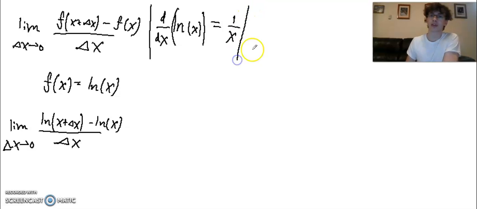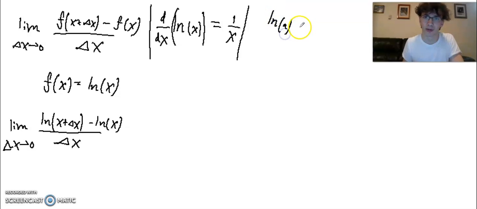And hopefully you remember your pre-calc. If not, we have some log rules, which you probably don't remember them all. They suck. One is that ln of a minus ln of b can just be rewritten as ln of a over b.